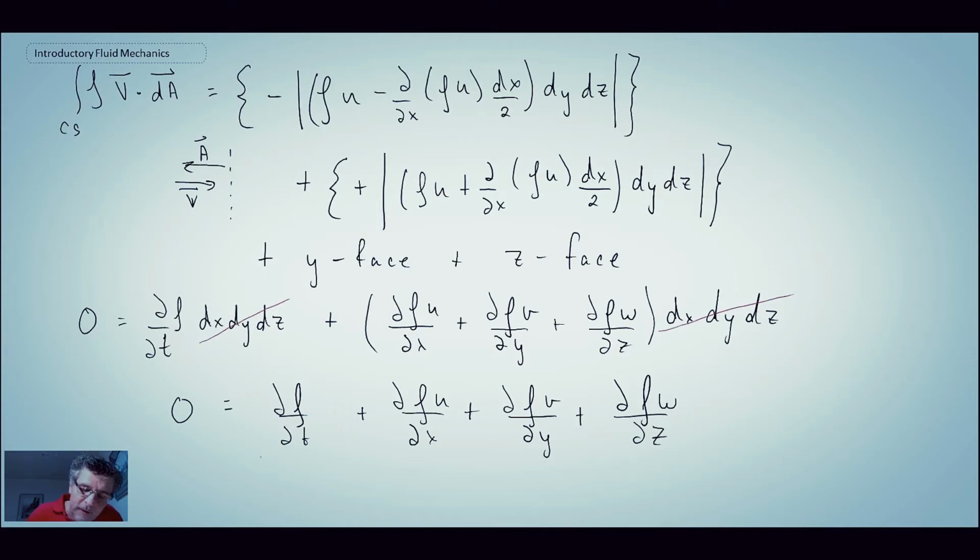Now, what can we do with this equation here? Well, the partial rho, partial t, that's fine, but it's this other term that we're going to take a look at. We're going to look at some of the vector operators that we've covered thus far, the gradient and divergence operators.